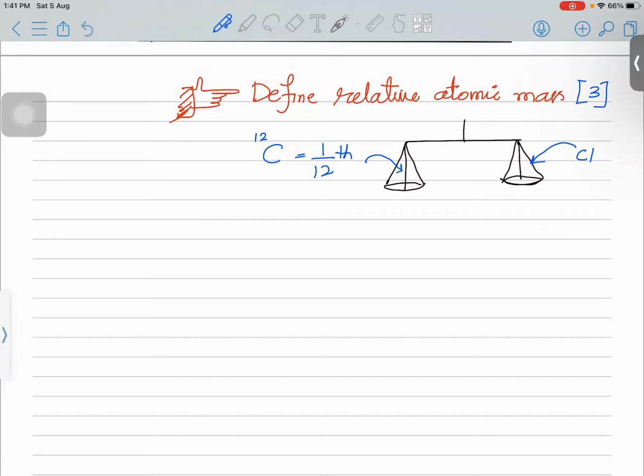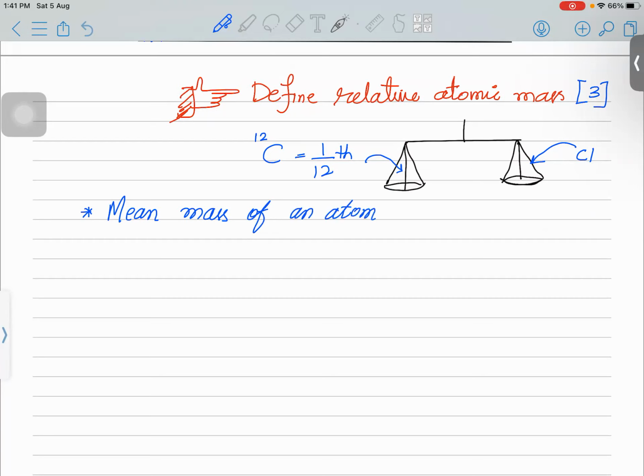So for 3 marks, the first mark is mean mass. Why mean mass? Because you have isotopes, so you should take mean mass. Are you getting my point or not? Yes, I am. Okay, mean mass of an atom.